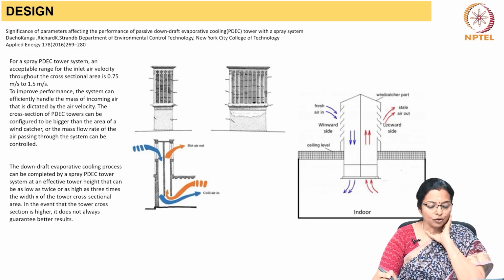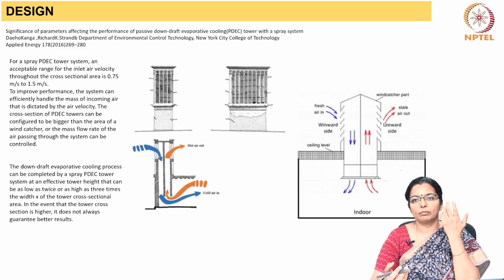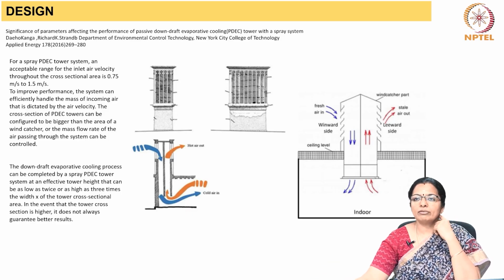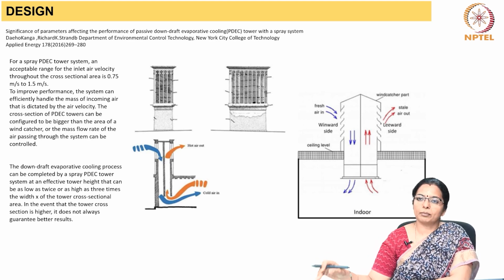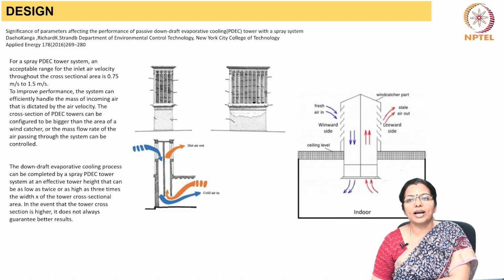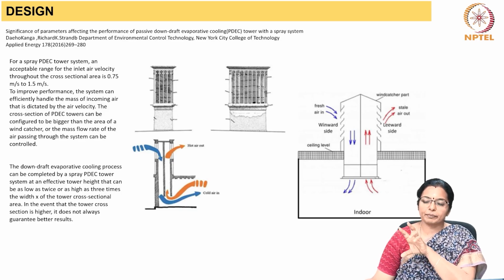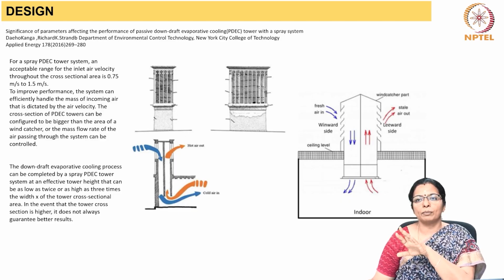So, the cross section of PDEC towers can be configured to be bigger than the area of a wind catcher, or the mass flow rate of the air passing through the system can be controlled. The downdraft evaporative cooling process can be completed by a spray PDEC tower system at an effective tower height that can be as low as twice or as high as 3 times the width of the tower cross-sectional area. So, the proportion or aspect ratio of the tower is also important.